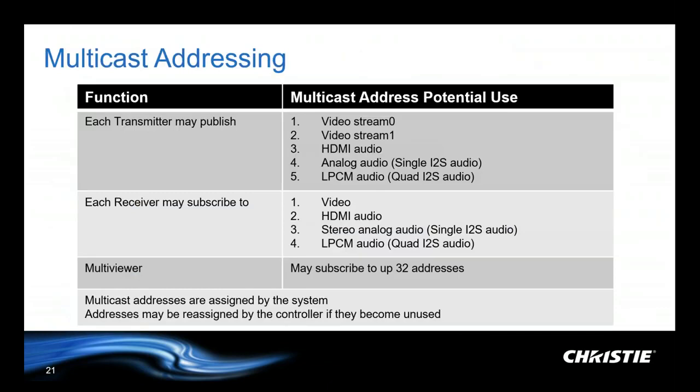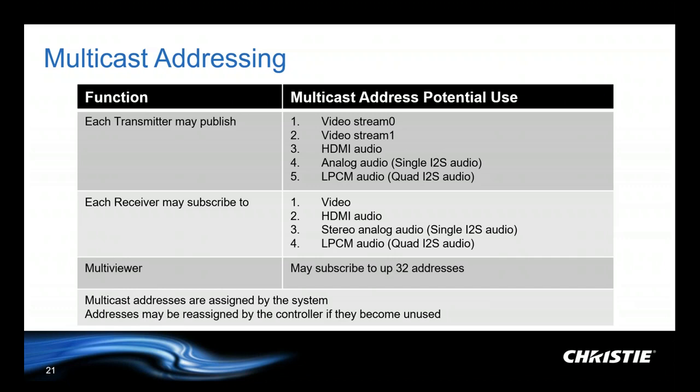In terms of multicast addressing, the transmitter is going to publish a certain number of things, so obviously the two video streams, the analog audio, and so on and so forth, and the receiver is going to subscribe to these things as well. The multi-view, as I said before, can subscribe up to 32 addresses. I think I said 36 earlier on, so my apologies for that. It's in fact 32.